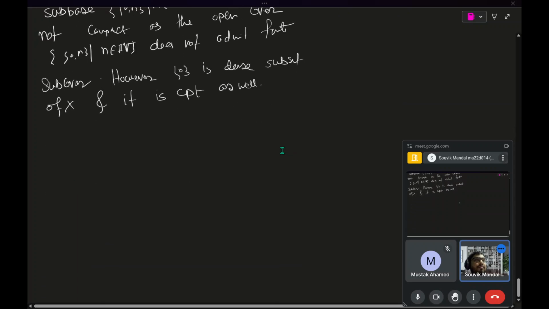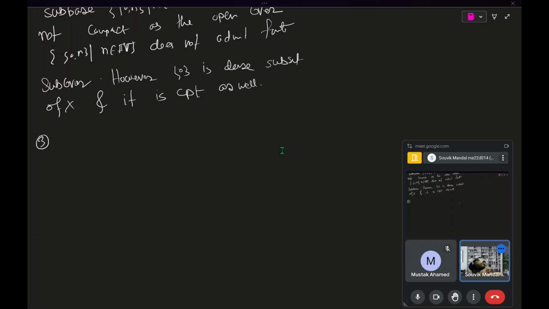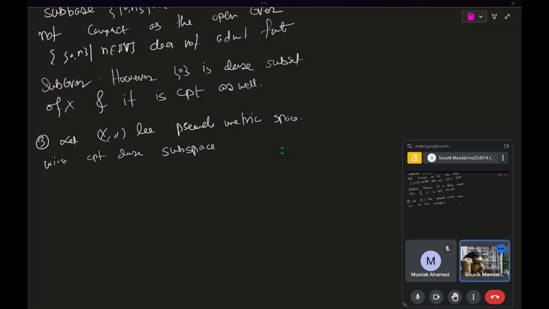So now the next question. Let X be a pseudo-metric space.